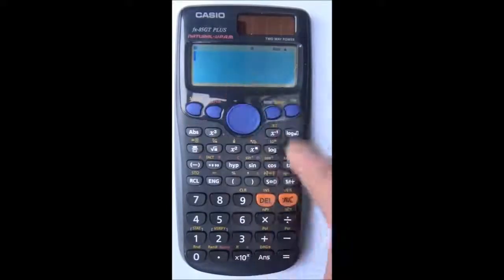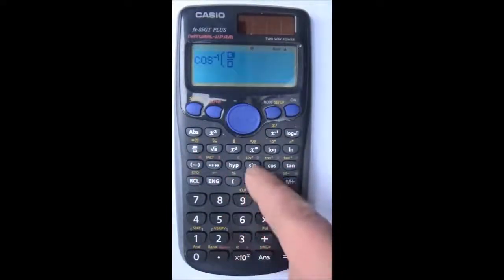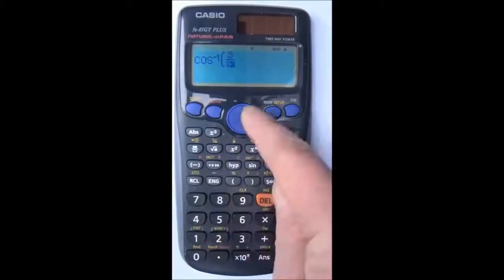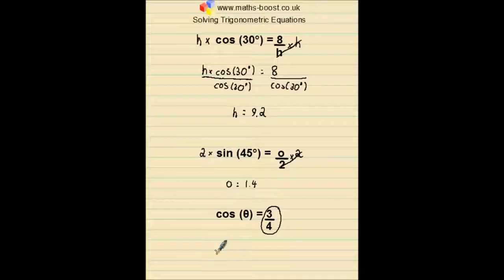And we'll press shift and cos and again type in the value, just as it was in the equation, 3/4. Remember, always write down what was on the display of your calculator to gain full marks. And we're done.